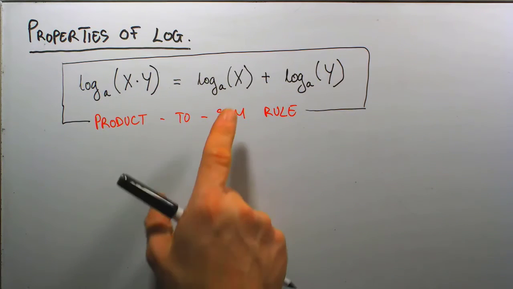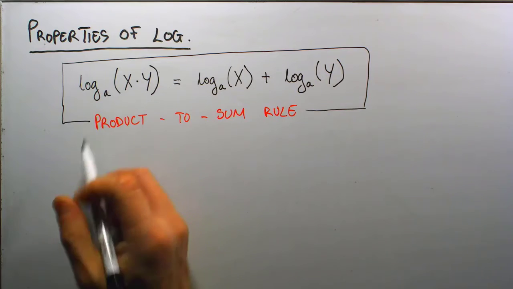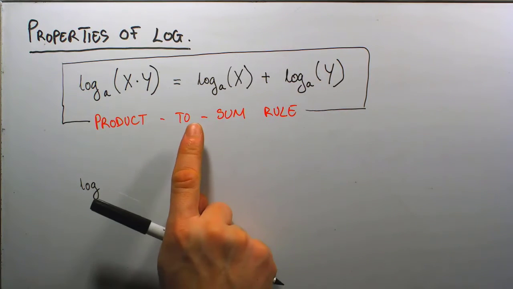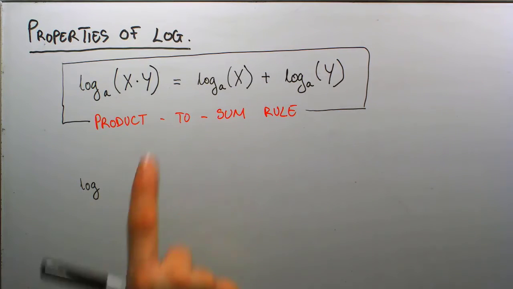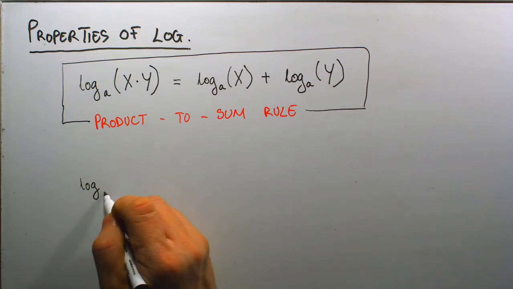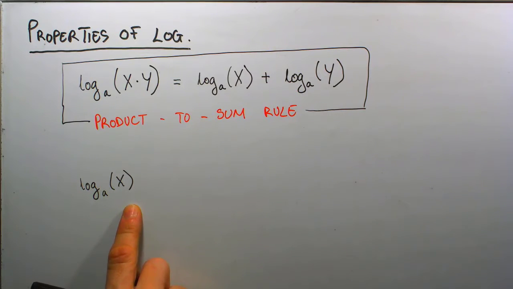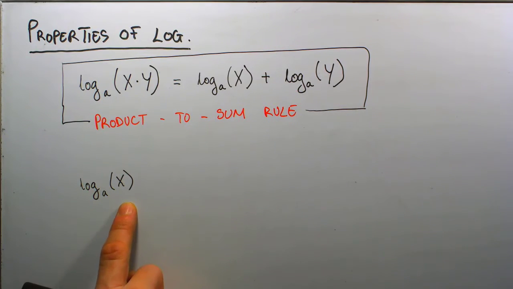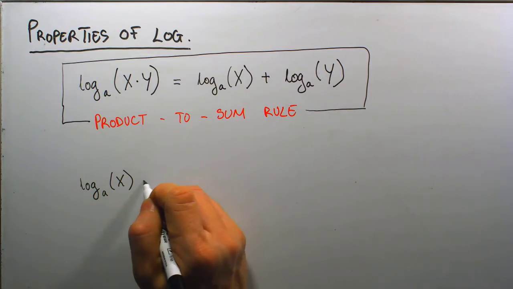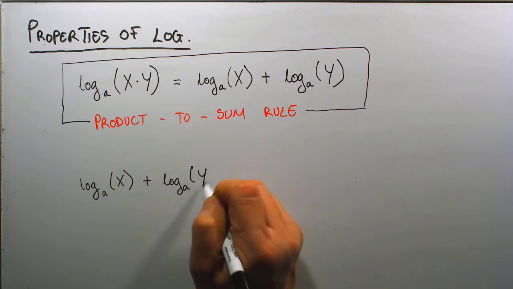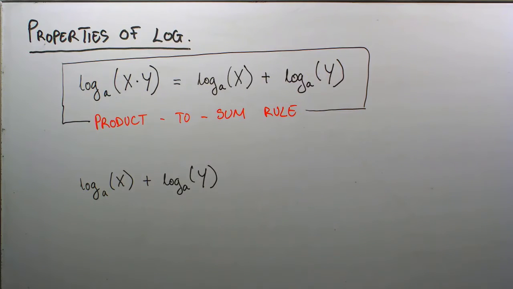We can also think the other way around. It's the same property, but there will be times where we are computing log base A of a single x value, and then we need to add log base A, the same log, of another value y.